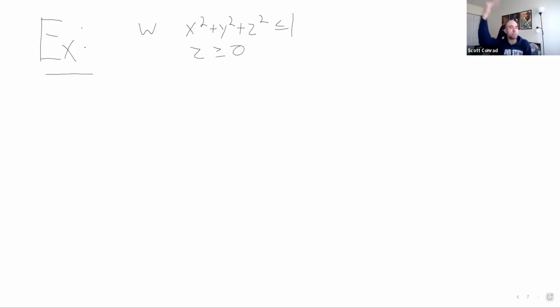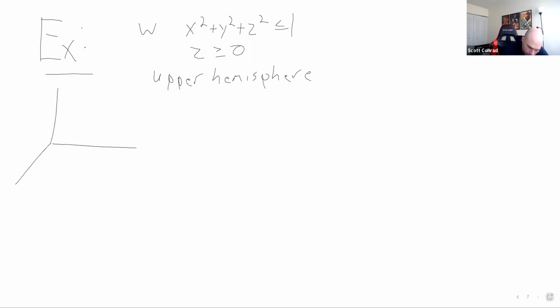But suppose we're taking the upper half of this. So it's the upper hemisphere. I'm going to attempt to draw this. It's not going to be pretty, but bear with me. So that is my beautiful upper hemisphere.